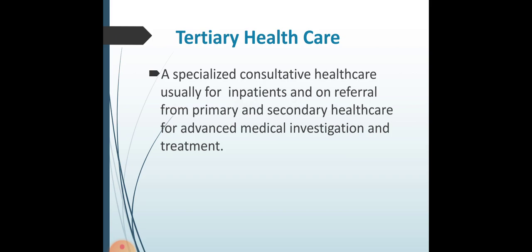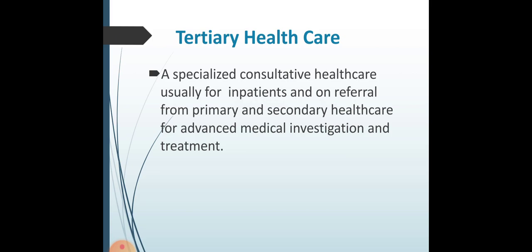So, what are the cares or what are the services being offered in the tertiary healthcare? So, they provide assistance, surgery, and medical treatment for complicated cases and intensive cases or for intensive care.